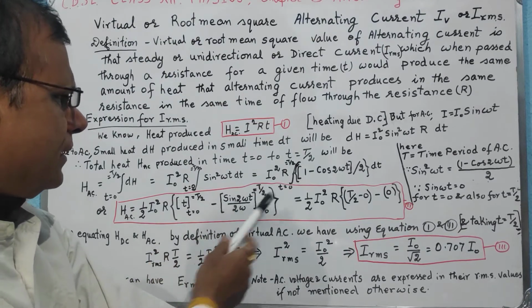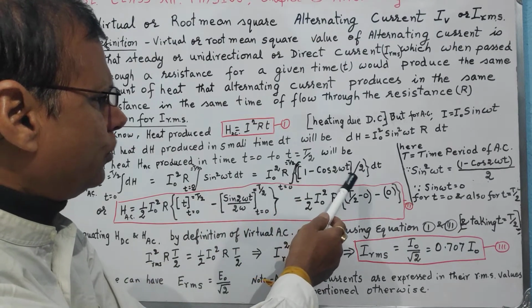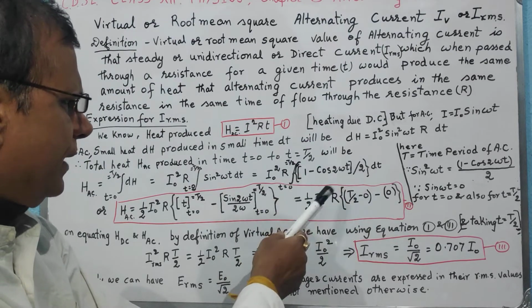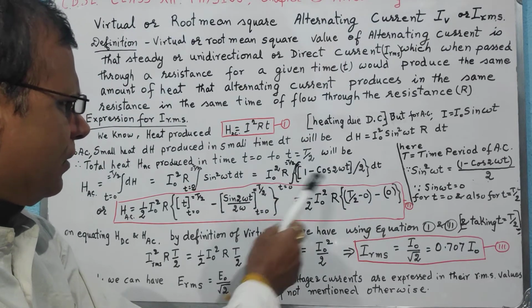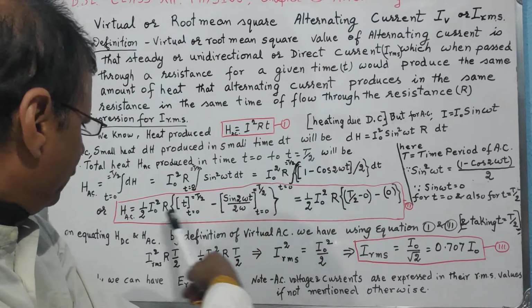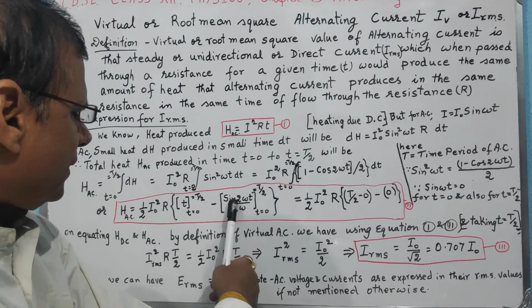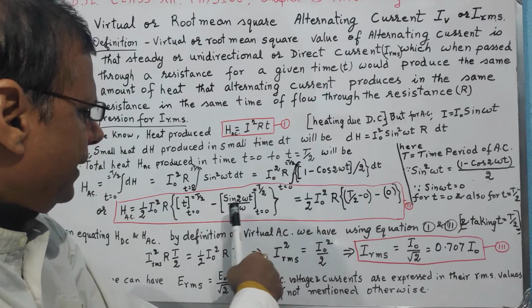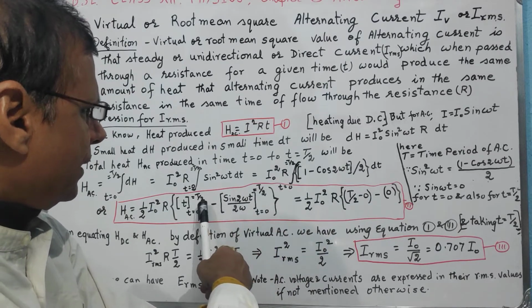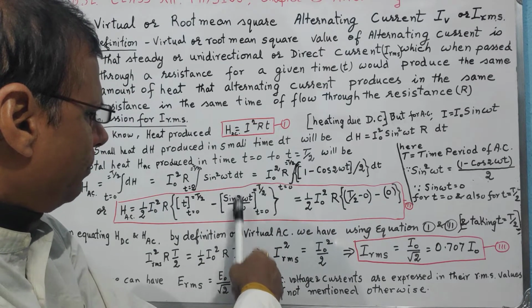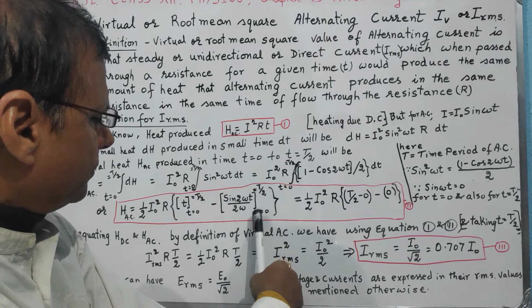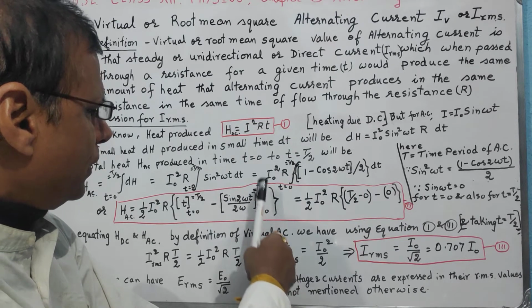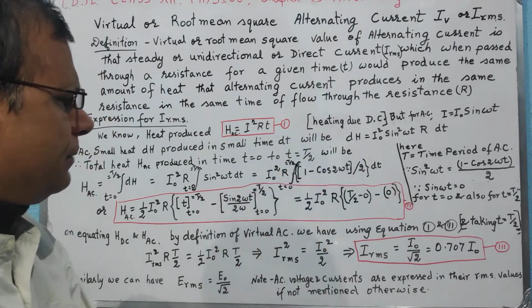And when we integrate cos 2 omega t by 2, the factor 2 is there already, but we have taken the factor 2 outside, so we have cos 2 omega t, which when integrated gives sin 2 omega t divided by 2 omega, with the limits t equal to 0 to capital T by 2.